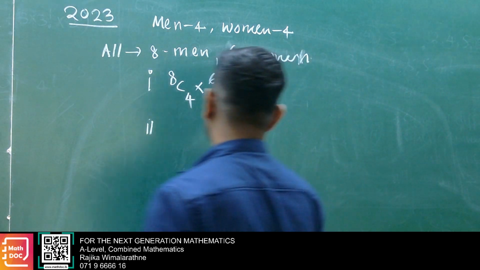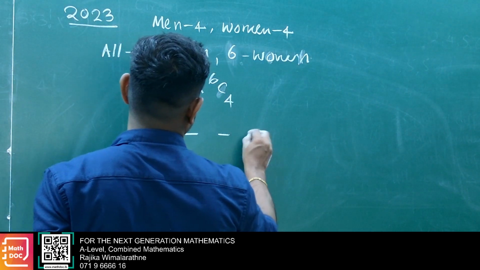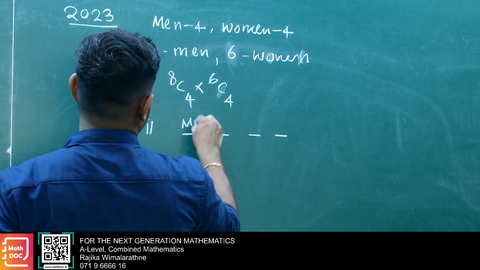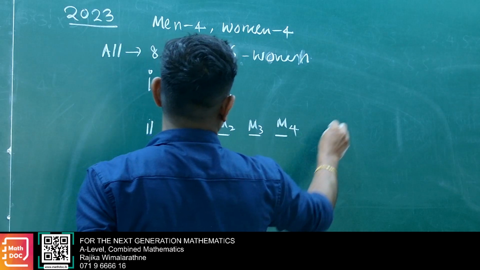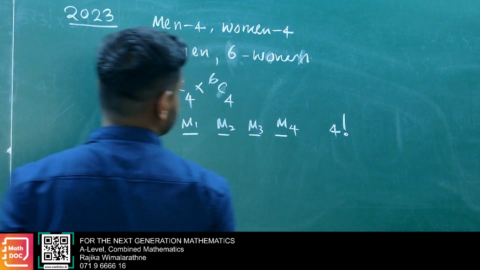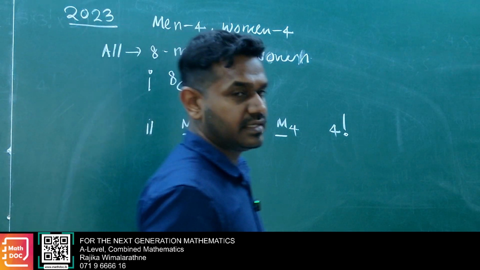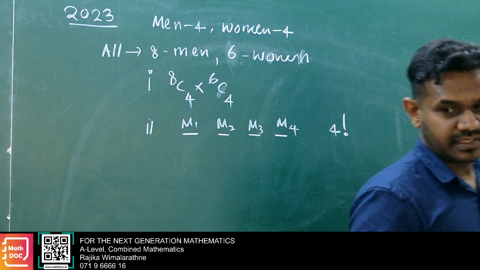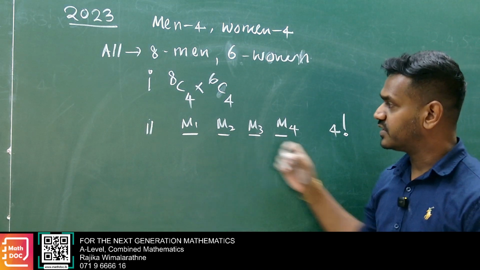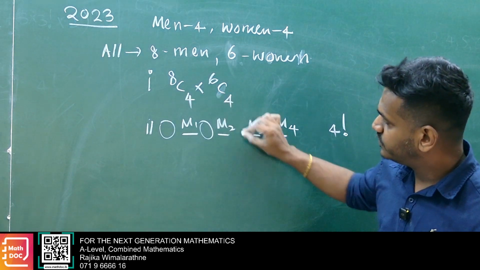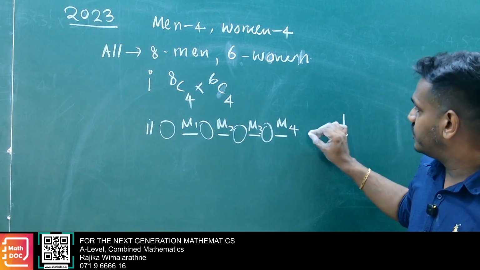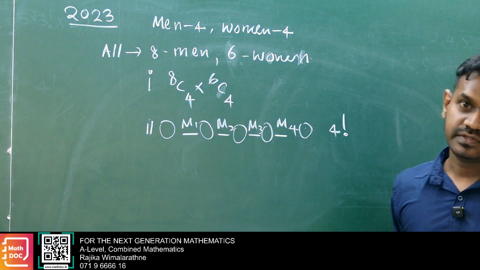Then first you seat men: M1, M2, M3, M4, 4 factorial ways. Now here we have spaces: 1, 2, 3, 4, 5 spaces we have.